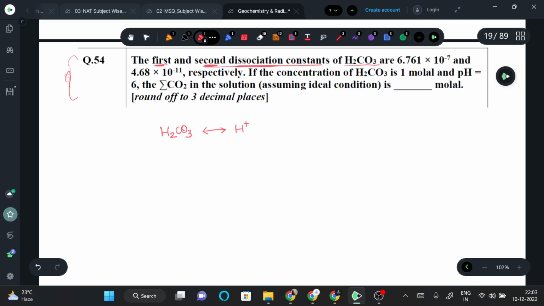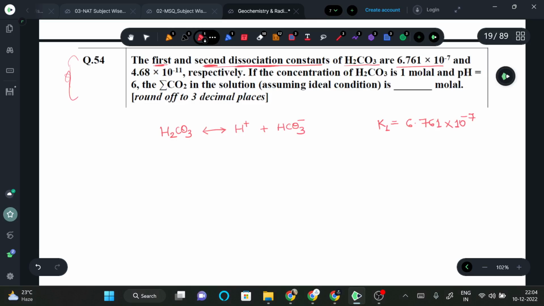One H plus will be removed, and we will be left with HCO3 minus, the bicarbonate ion. So this is the first dissociation reaction that is taking place. The first dissociation constant is 6.761 into 10 to the power minus 7.